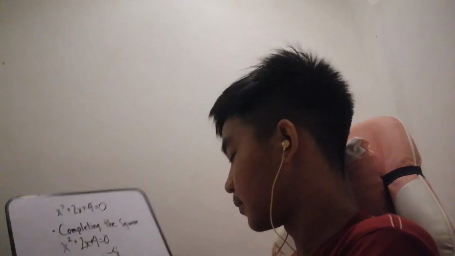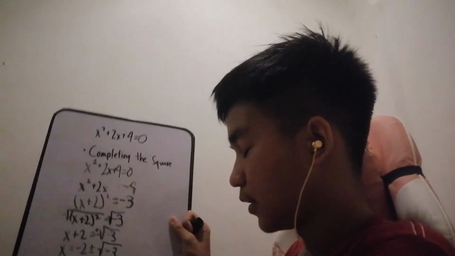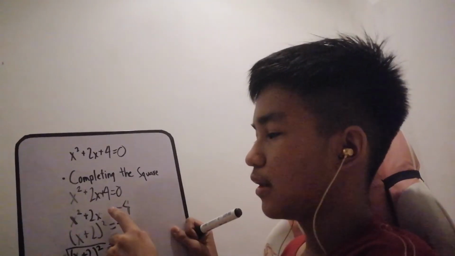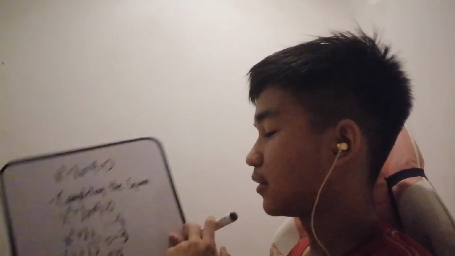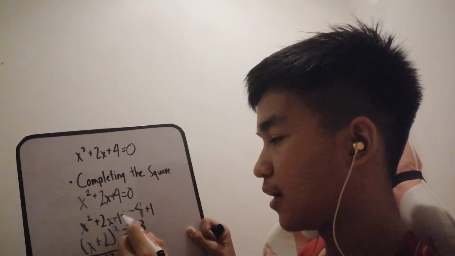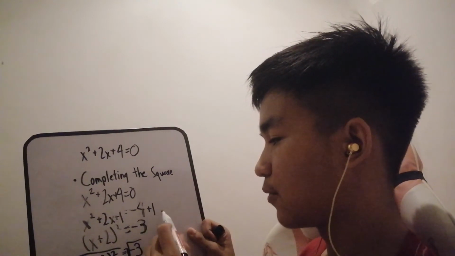So the result is positive 1. So now we will put this here and also here outside. It will now be x squared plus 2x plus 1 equals negative 4 plus 1.